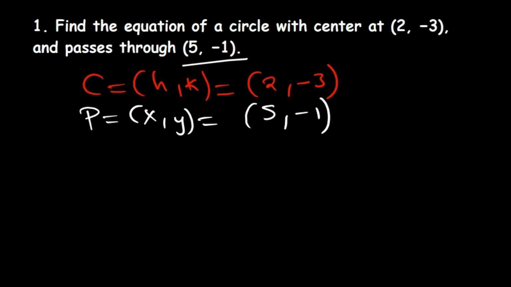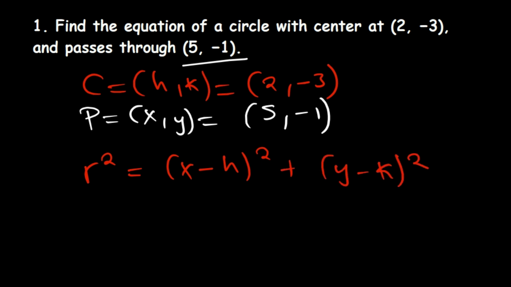How do you go about that? Simple. What is the formula for determining the radius? r is equal to the square root of what? In terms of it being squared, r squared is equal to x minus h squared plus y minus k squared. Where is this coming from?